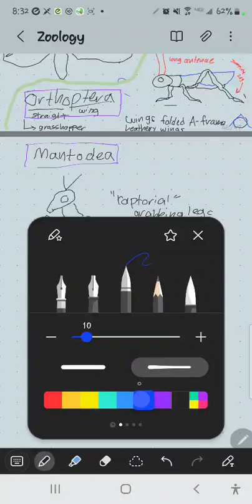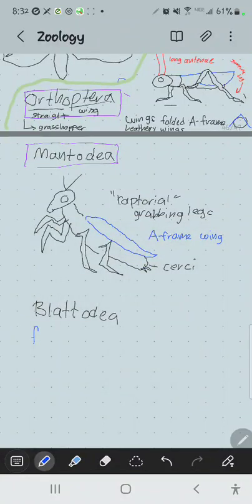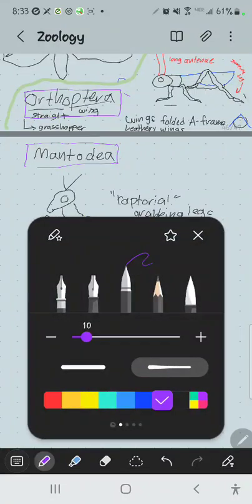Okay, they typically have long antennae and cerci, so they have cerci off the rear end of their abdomen. And they have long, slender running legs.